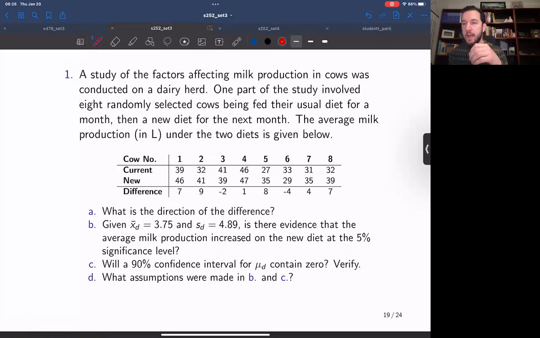We want to compare average milk production across these two diets. That's our goal. So we want to compare the milk production on the new diet to the milk production on the current diet. In order to do that, we construct a set of differences. The differences are shown here: 7, 9, -2, 1, 8, -4, 4, and 7. This becomes the actual data for the experiment.